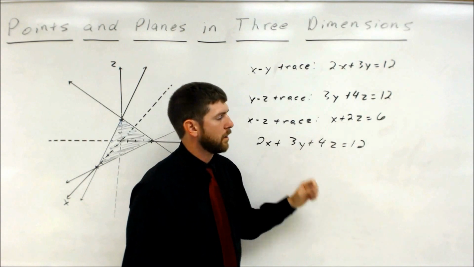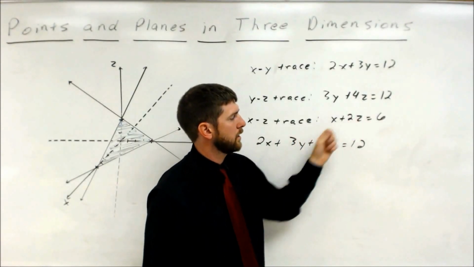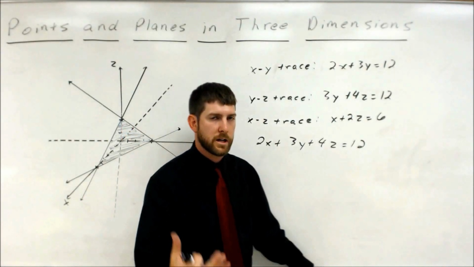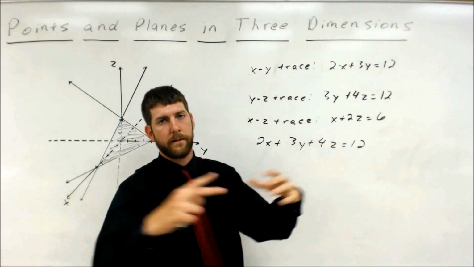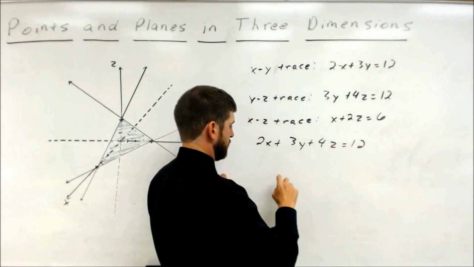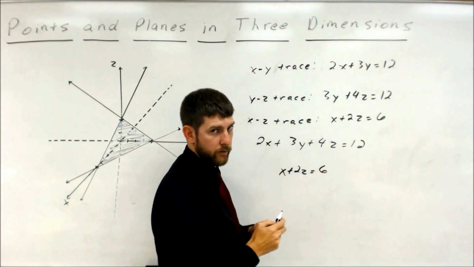So why are they equivalent? It's because it's a scalar. We're talking about a line that goes on forever. Well, if I've got a line that goes out for infinity, x plus 2z equals 6 goes out for infinity.